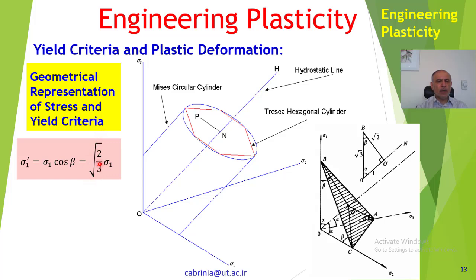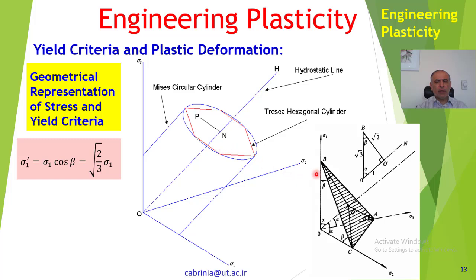Therefore, there is a number which scales down sigma 1 to sigma 1 prime, because we said sigma 1 prime is the component which causes the yield. So we could use this as a scaling down.